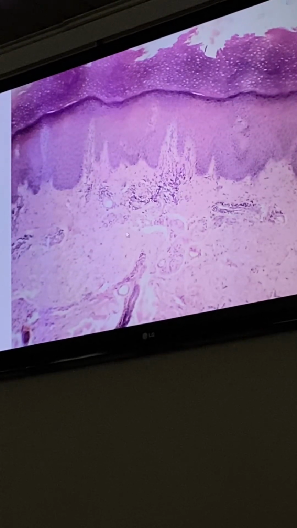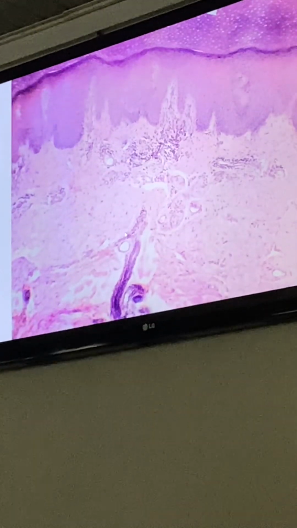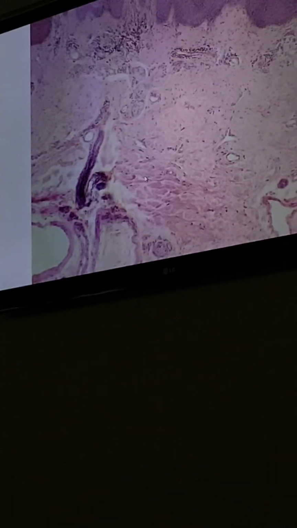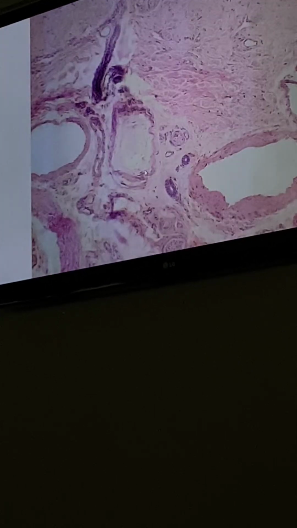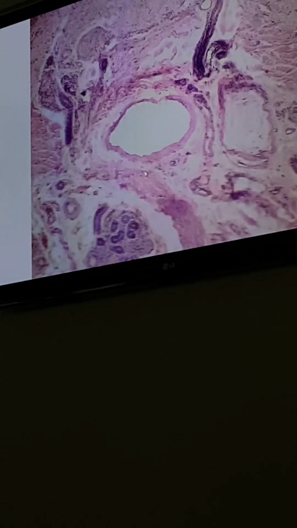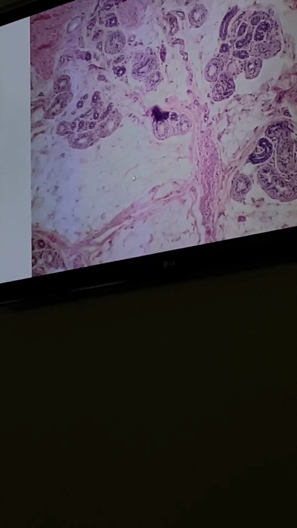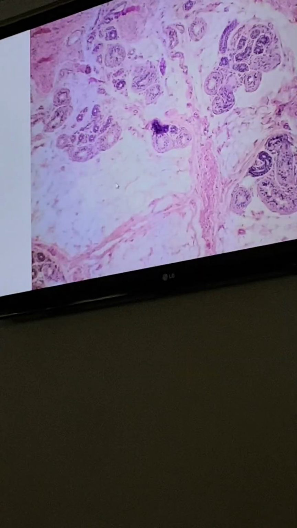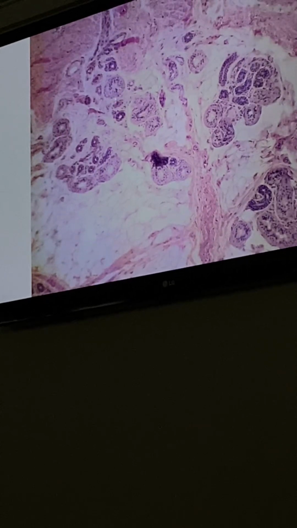The deep dermis, reticular dermis, consists of type 1 collagen fiber, and we can see sweat gland and hypodermis, the subcutaneous layer. This is the subcutaneous layer, consisting of different size cells of adipocytes and sweat gland, secretory portion, duct portion.